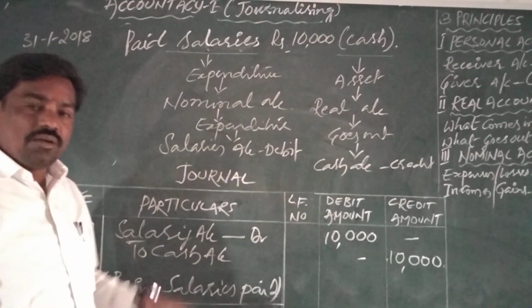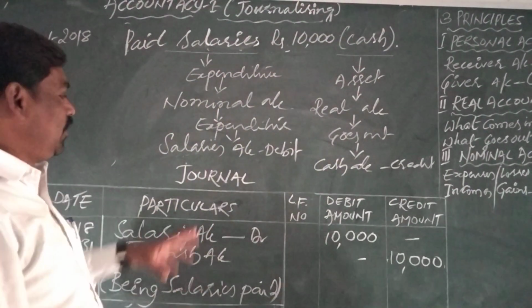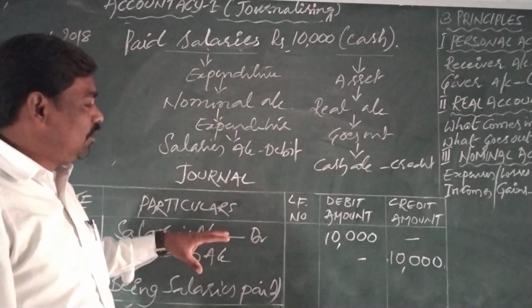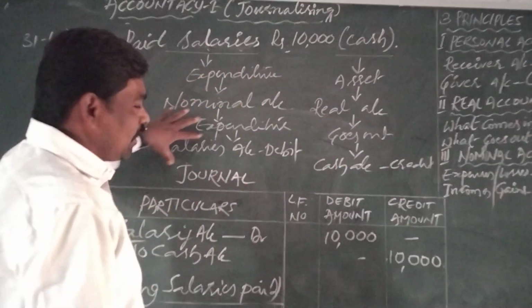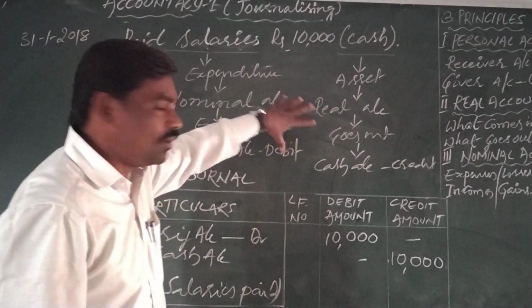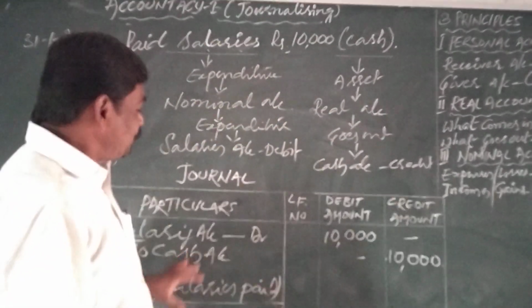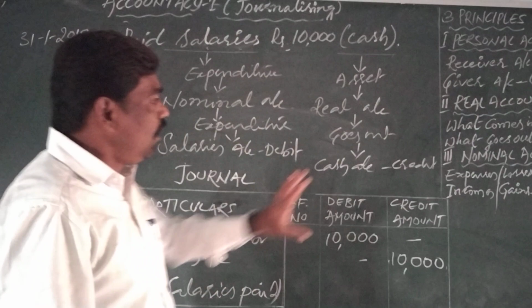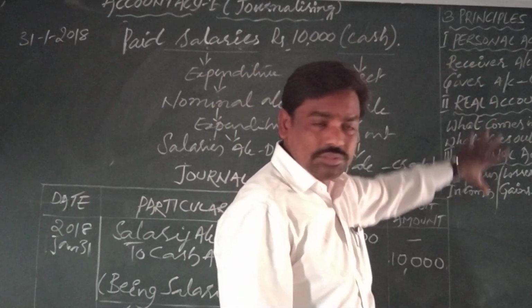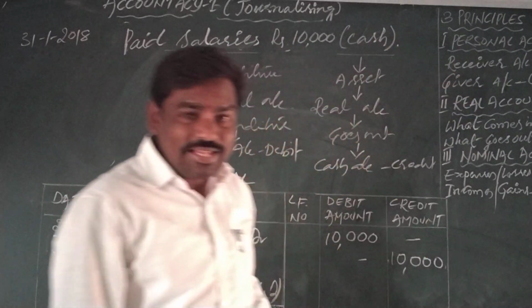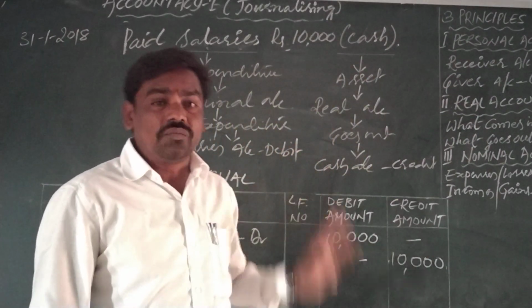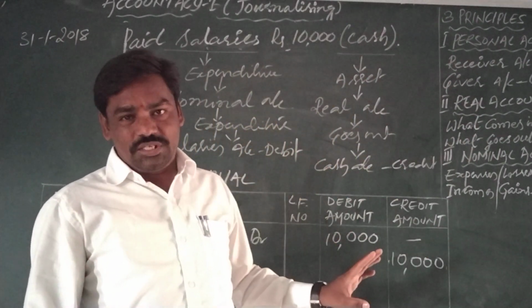In this way, we need to write the journal entry in the book called journal. This is the process, and the entire process should take place in your mind. Okay, students, to write the journal entry, you must know the 3 accounts and their principles, as well as be aware of the dual aspect concept.